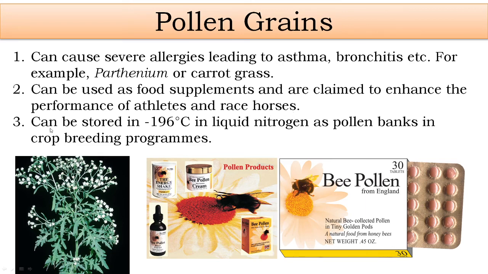For the crop breeding programs, some of the good pollen can be stored in pollen banks. And these pollens can be stored in liquid nitrogen at minus 196 degrees centigrade.